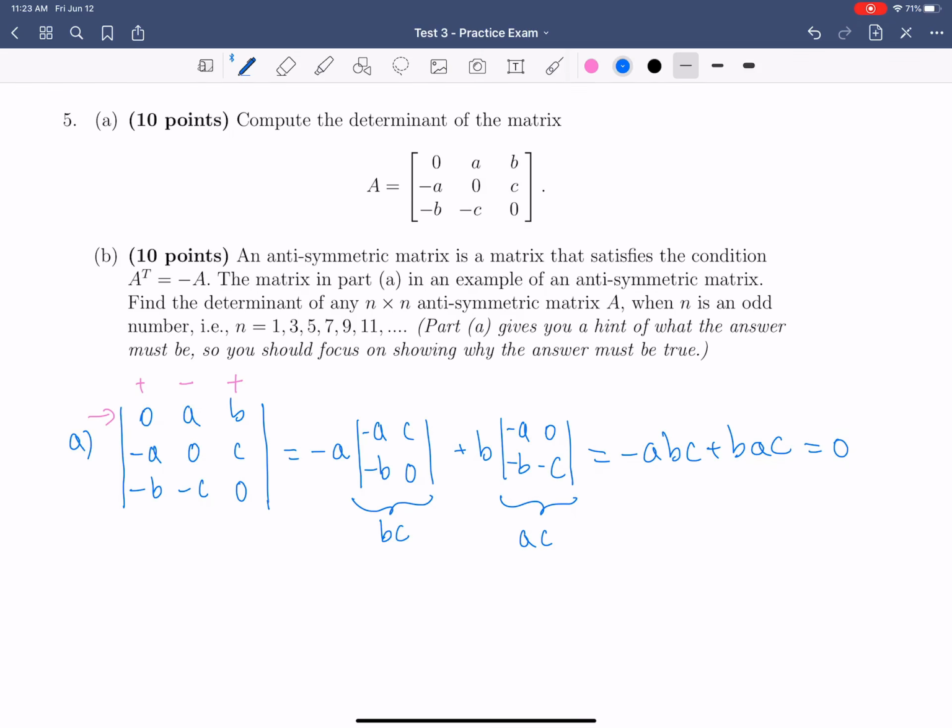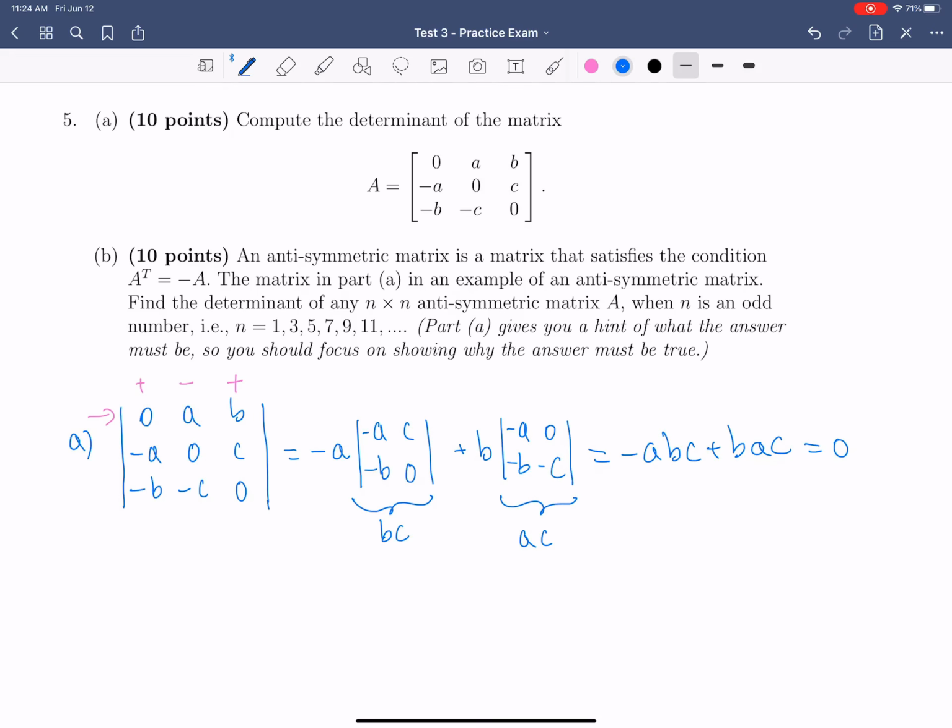Part B. An anti-symmetric matrix is a matrix that satisfies the condition A transpose equals negative A. The matrix in part A is an example of an anti-symmetric matrix. Find the determinant of any n by n anti-symmetric matrix when n is an odd number.